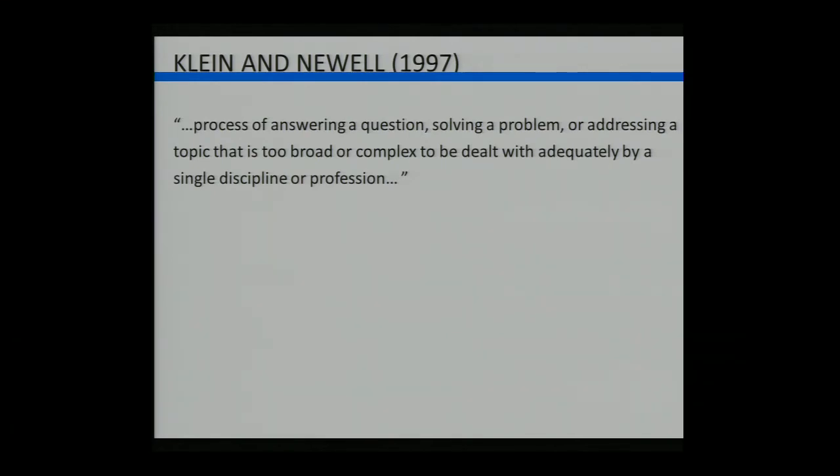What this definition inherently has is the idea that we can bring unity to disparate fields through a common question. And so at the heart of interdisciplinarity is the balance of depth, breadth, and synthesis.